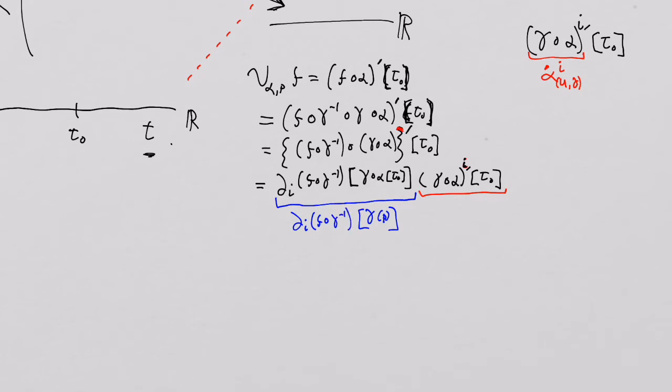So now I have the ith derivative of the function under the inverse chart. The derivative with respect to the ith entry.